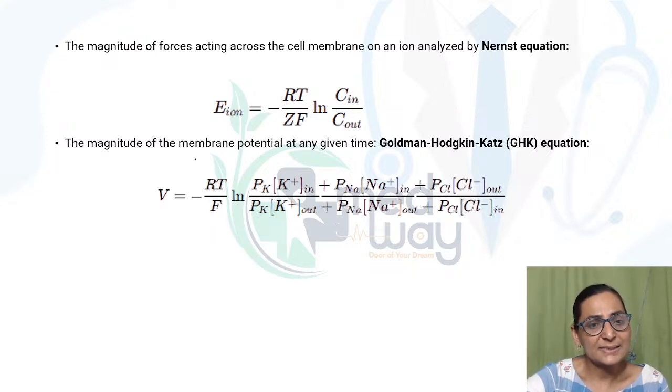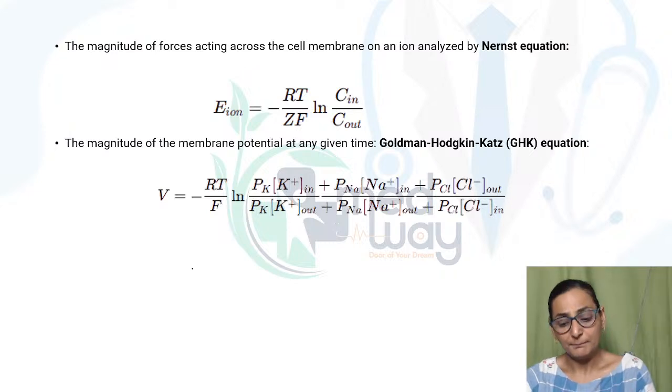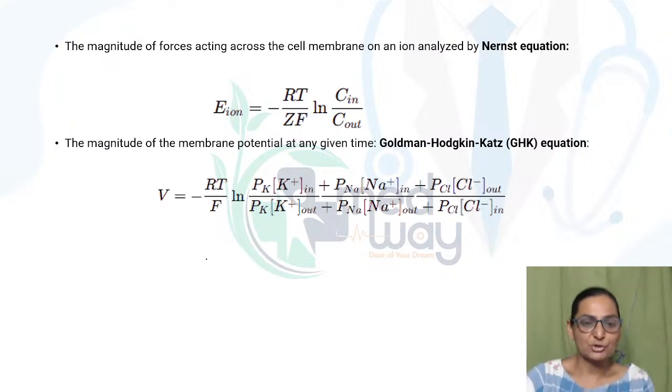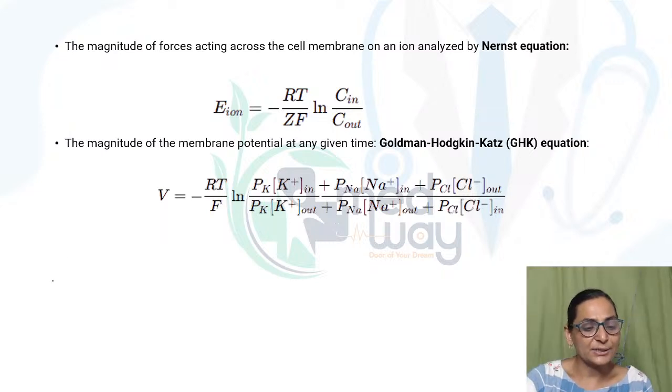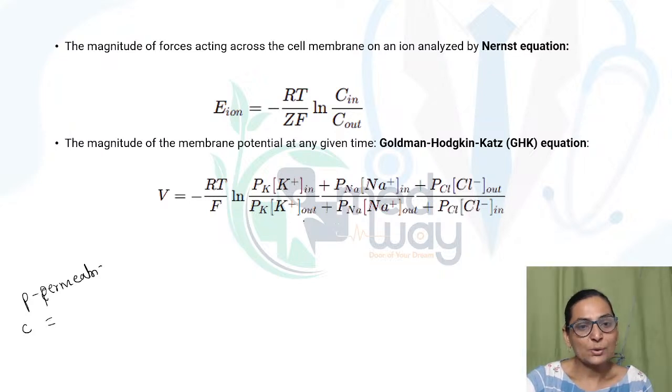Now when we consider the cell membrane, we have to consider not only a single ion, but multiple ions, that is sodium, potassium and chloride. So the Goldman-Hodgkin-Katz equation takes into account two important conditions: P, the permeability of the ion, and C, the concentration of the ion.